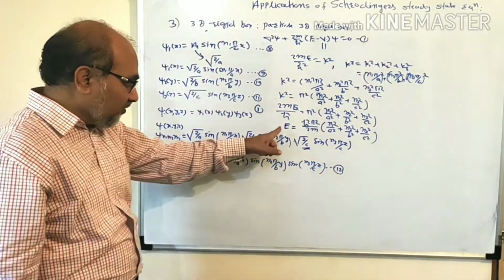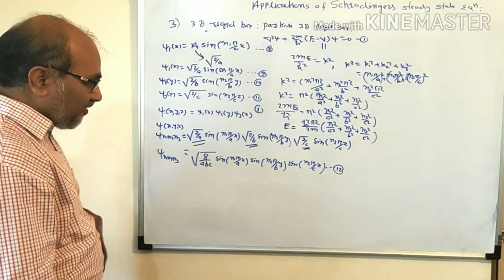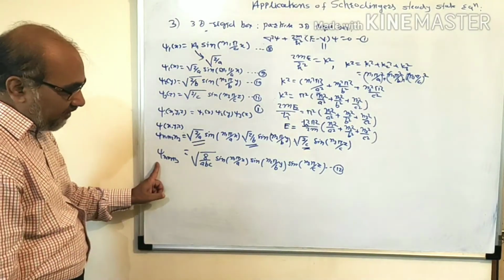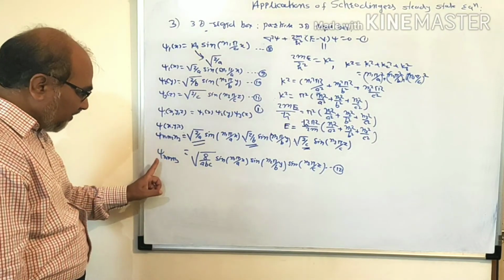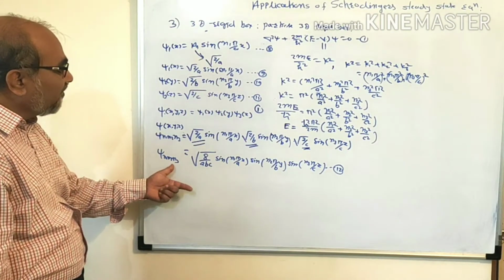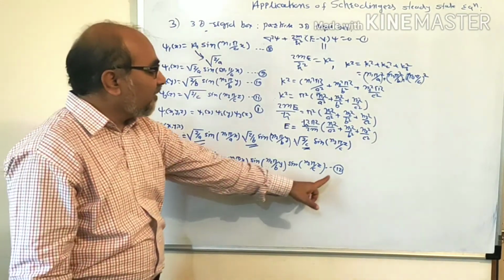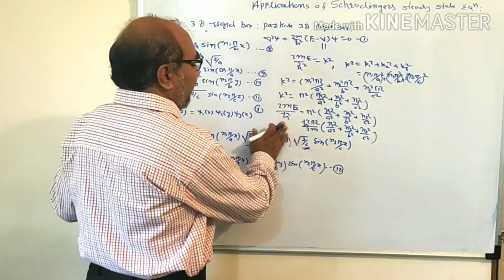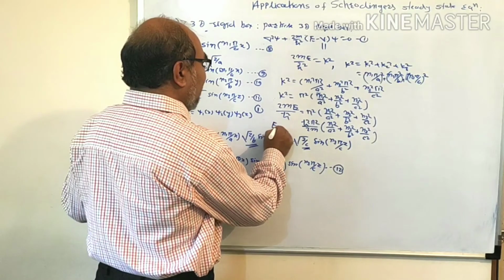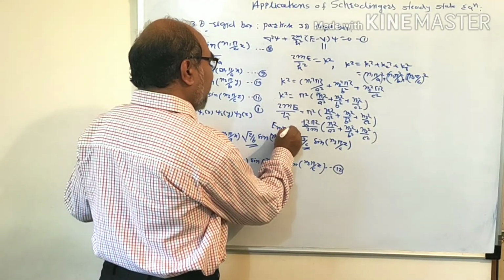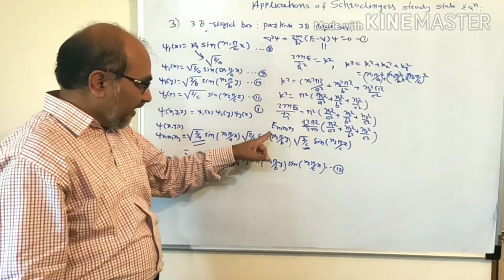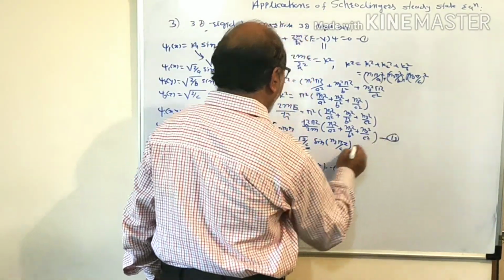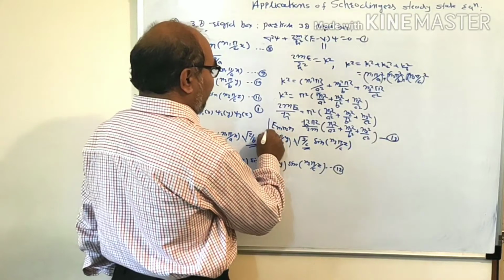So this is for the energy. The eigenfunction for n1, n2, n3 is given by equation 12, whereas the energy eigenvalue E n1 n2 n3, equation 13, is given by this equation.